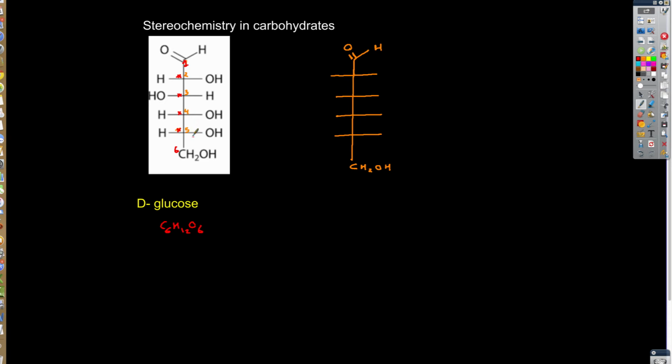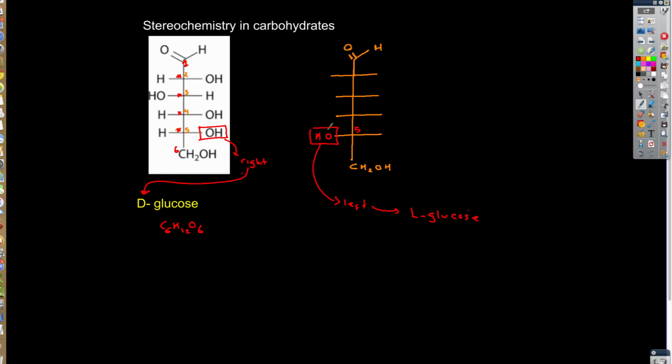For the last chiral carbon away from the aldehyde, which is carbon number 5, if the hydroxyl group is on the right-hand side when you look at it, that's the indication you're D-glucose. Now what is L-glucose? When you take the 5th carbon and put the hydroxyl on the left, this is the indication that this is L-glucose.